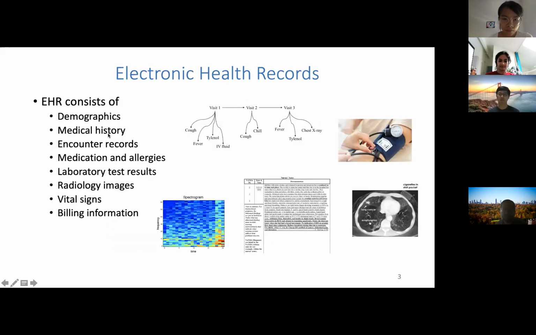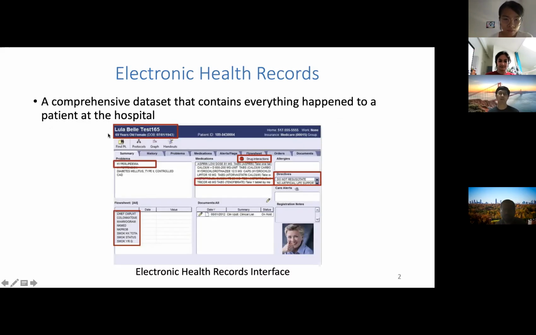When a patient comes to the hospital and sits with the doctor, the doctor pulls up a screen and sees a lot of various information, such as the name, age, problems, past history, medication history, maybe allergies, which are all coming from different tables of the relational database.